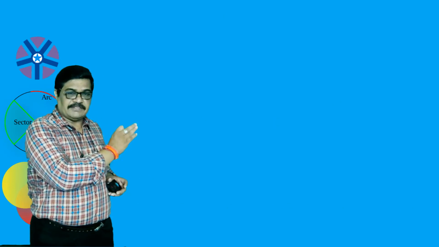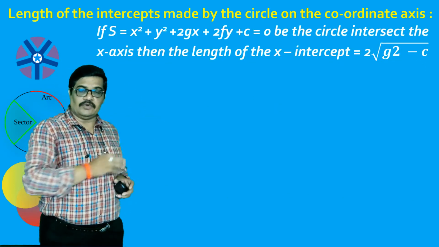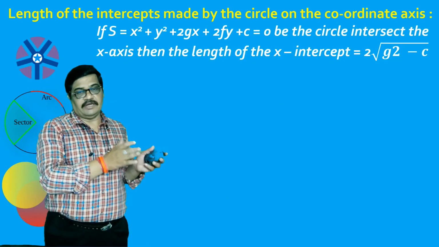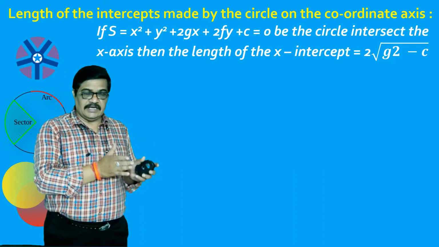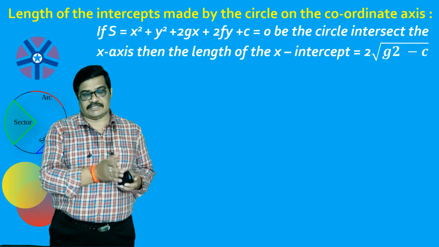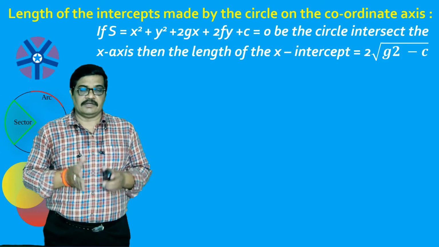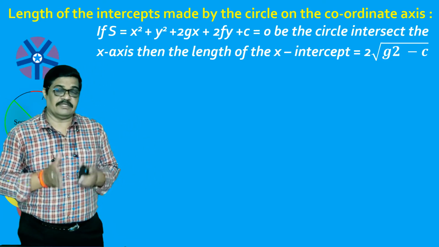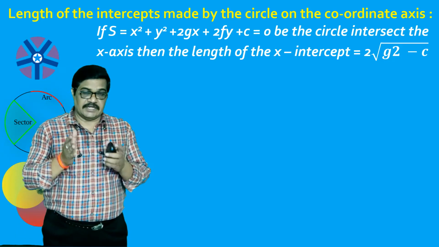Next, length of the intercepts made by the circle on the coordinate axis. If we are given a circle, that circle makes an intercept on the x-axis or the y-axis. Now we are calculating the x-intercept of the circle.